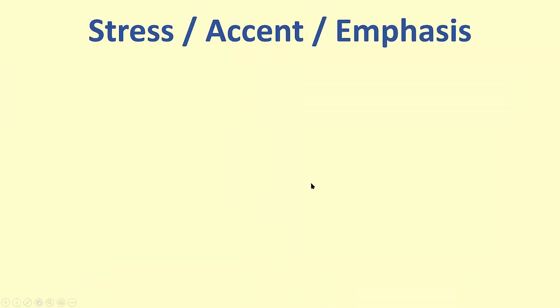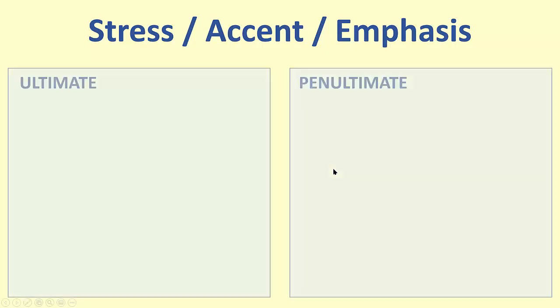The next topic is stress, or accent, or emphasis. What syllable of the word carries the stress? Well, in Hebrew, you only have two options. Either the last syllable will be accented, and that's called ultimate stress, or the second to last syllable will be accented, and that's called penultimate stress.